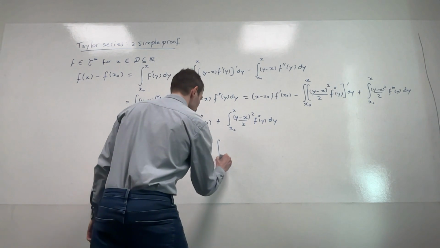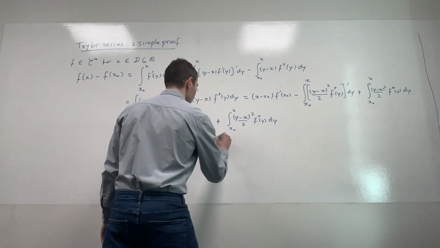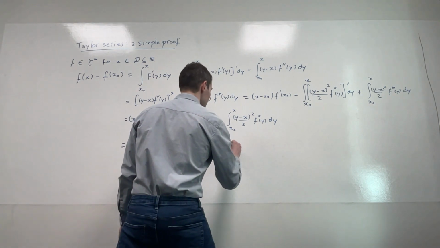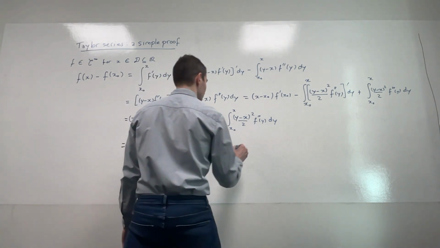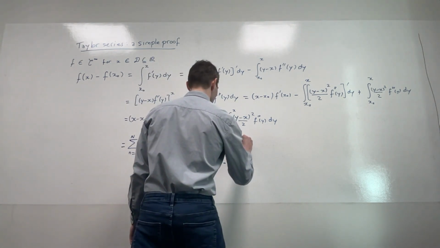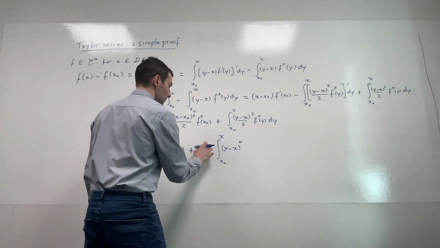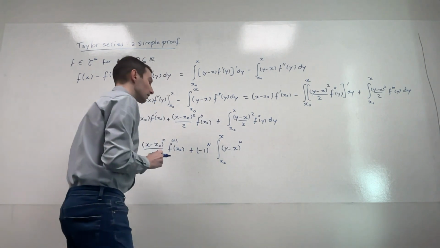and then the integral from x naught to x of (y minus x) to the power n. In fact, apologies, this is the n here.